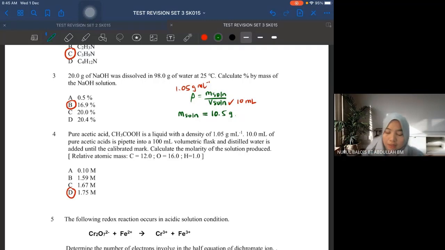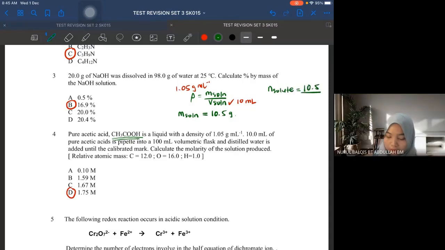Okay. Kita tahu the density belongs to the pure acetic acid. Jadi kita ambil lah mass yang sama ni, kita boleh cari mole of solute dia. So 10.5.